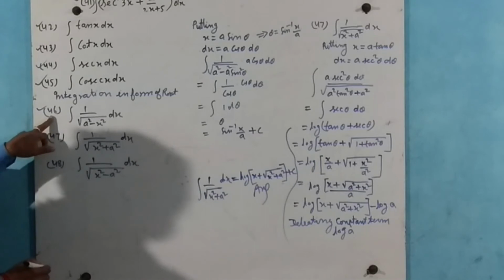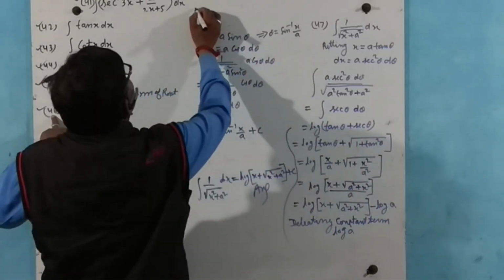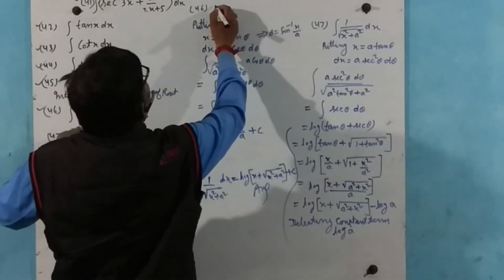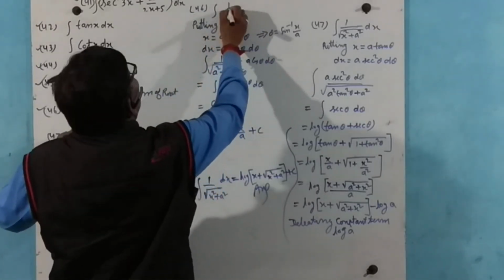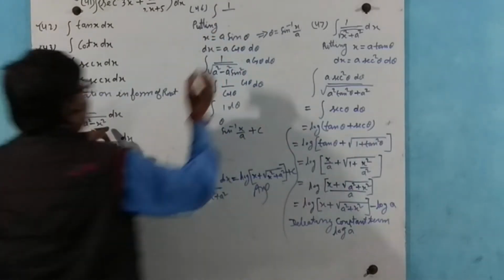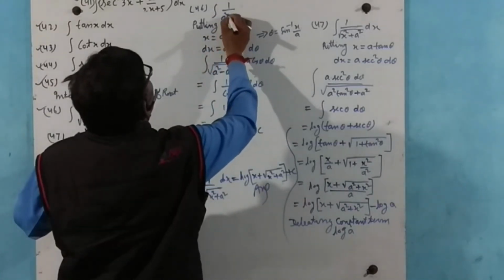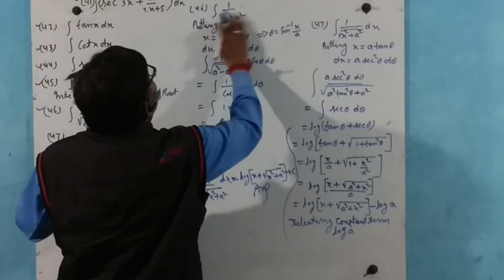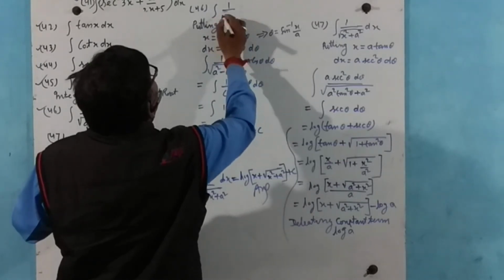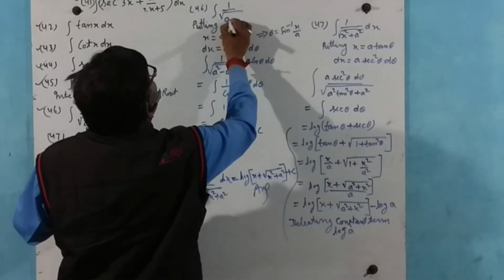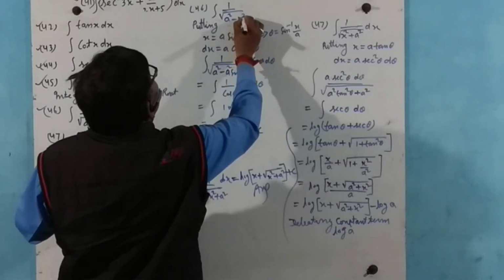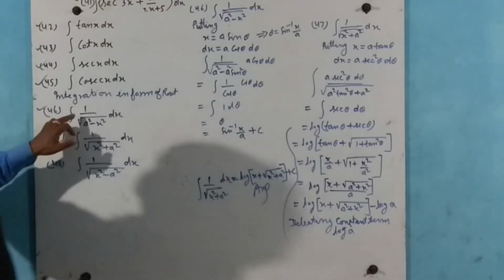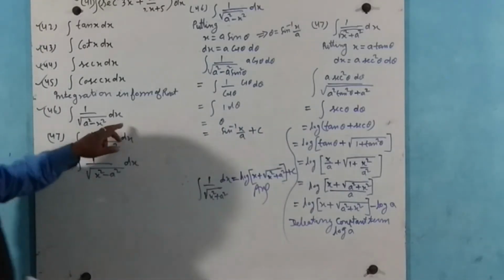Question number 46: integration of 1 by under root a square minus x square dx.